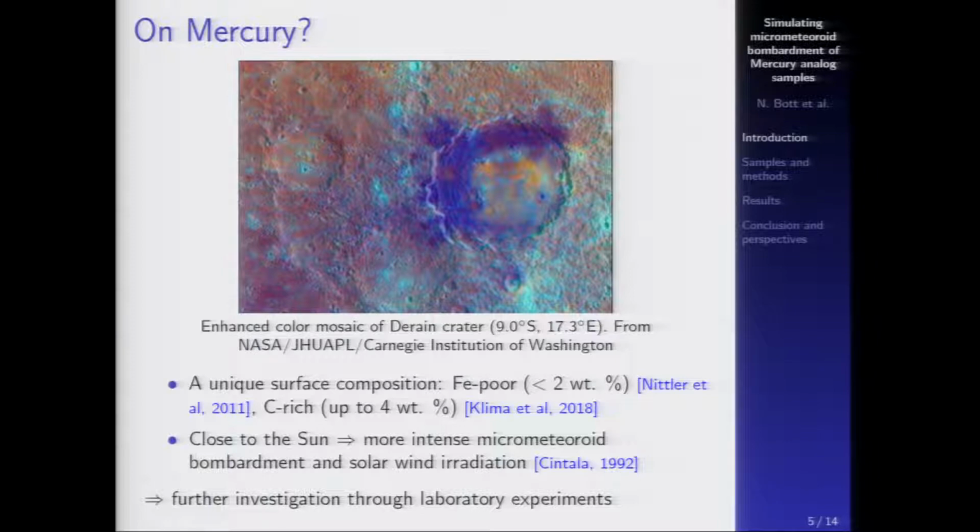Mercury is also very close to the sun, which is very important, as it implies a more intense micrometeorite bombardment and also a more intense solar wind irradiation. By more intense, I mean a higher flux, but also higher velocities. As we don't know space weathering on Mercury very well, we have to investigate it further through laboratory experiments.